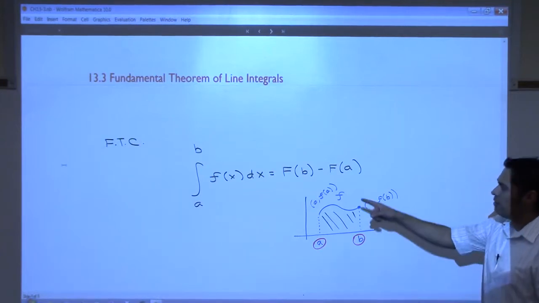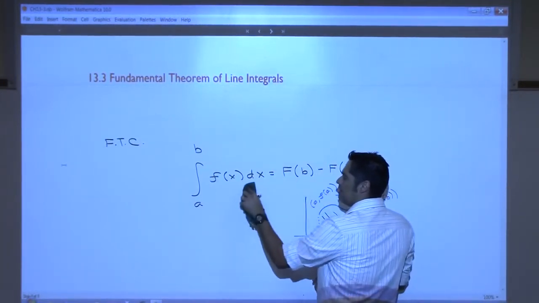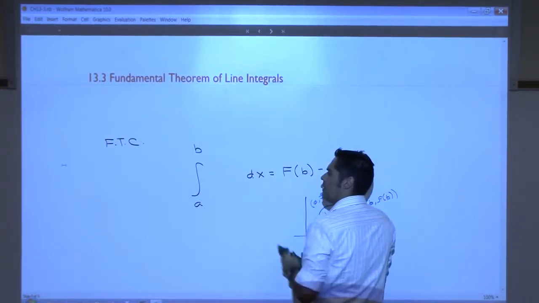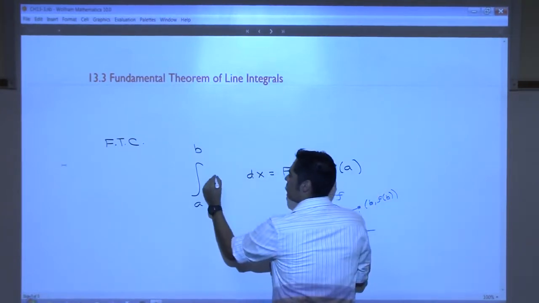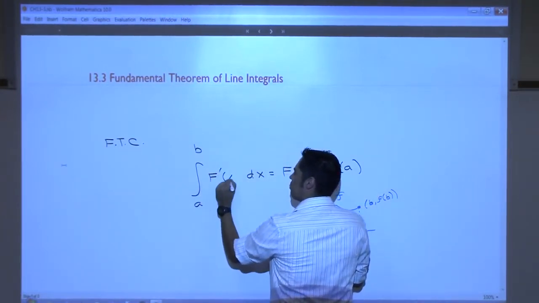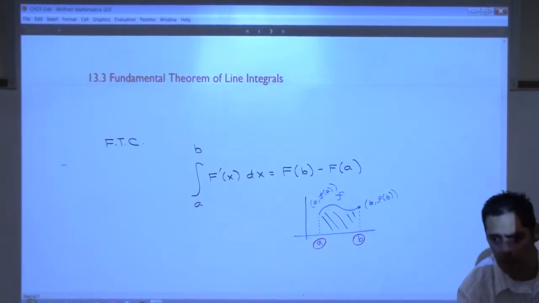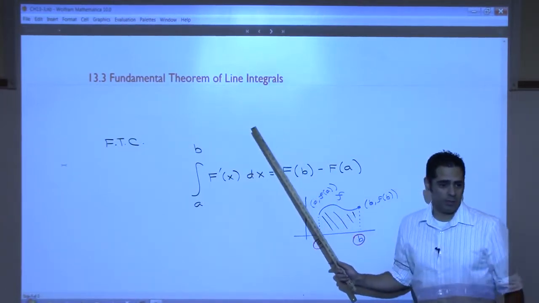Another way I could have written this is to actually write the relationship between capital F and little f. Remember that capital F is the antiderivative of little f, or in other words, little f is the derivative of capital F. That's equivalent to say it that way. Now, today is about what's called the fundamental theorem of line integrals.